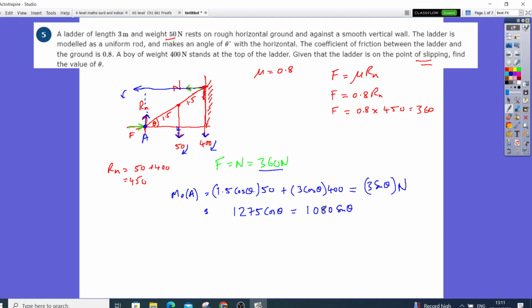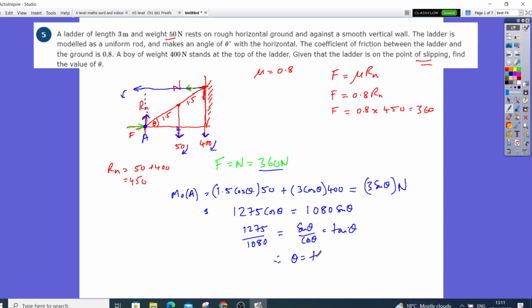If I take this to that side and this number to the other side, I'll get 1275 over 1080 equals sine theta over cos theta. So I literally divided by 1080 on the left hand side, and on the right hand side I've divided by cos theta in order to give me a tan function.